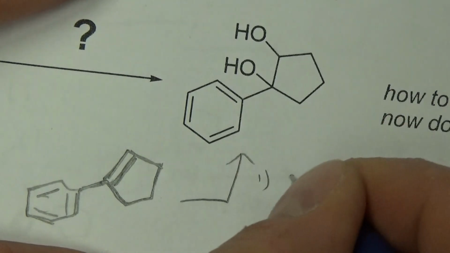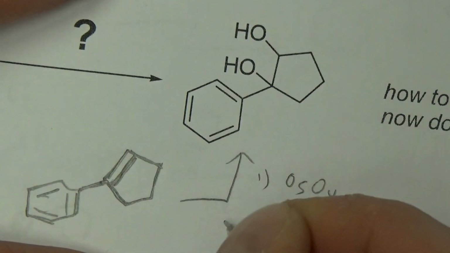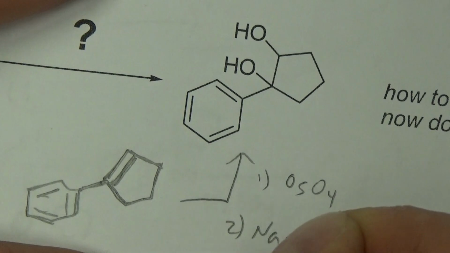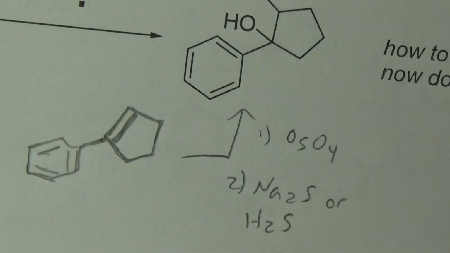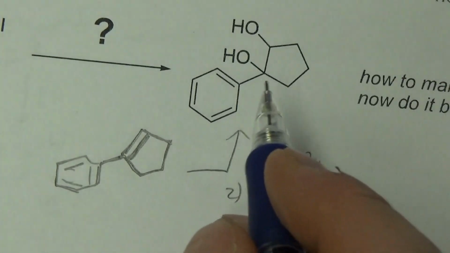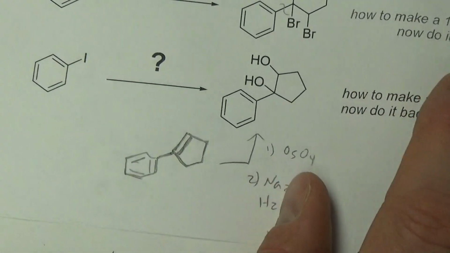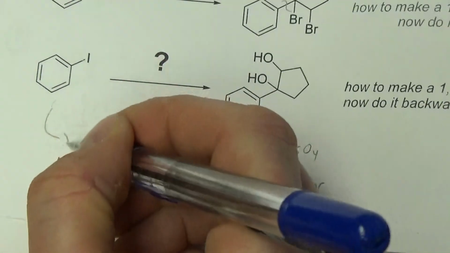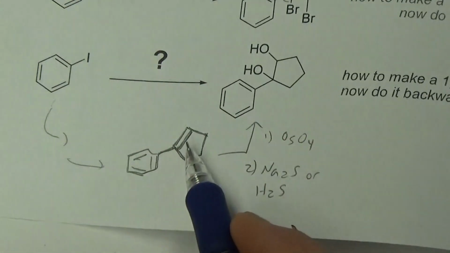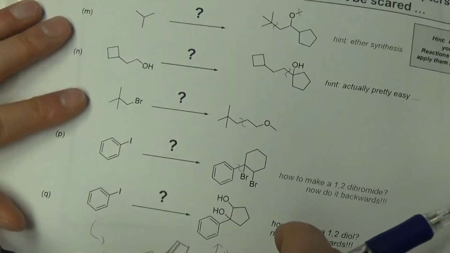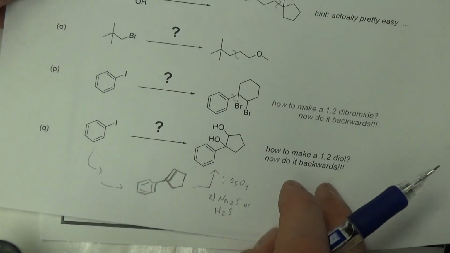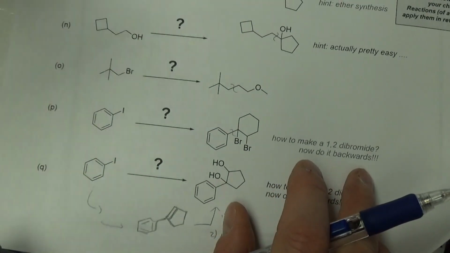So it's OsO4, and then Na2S or H2S. Osmium tetroxide makes alkenes into diols like that. Otherwise, it's all the same as the last problem, except you use a 5-member ring ketone. We did them all. Hopefully that's helpful. It's a good way to review all the reactions. Alright, good luck.